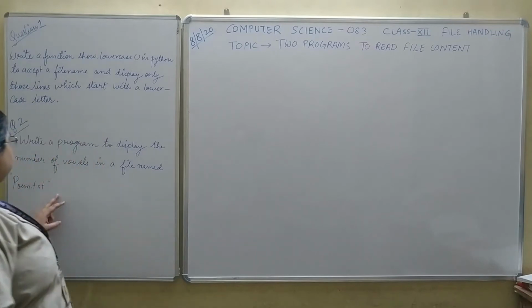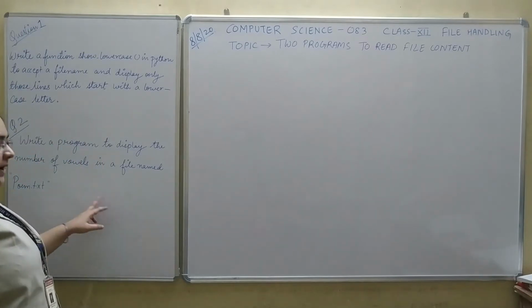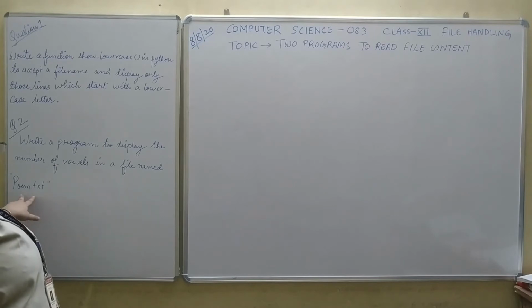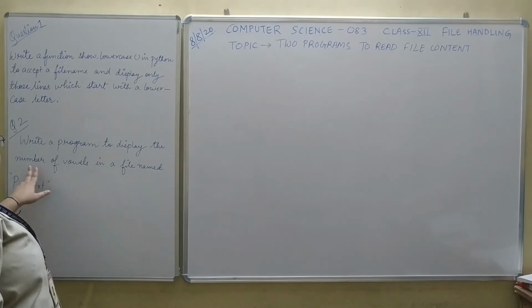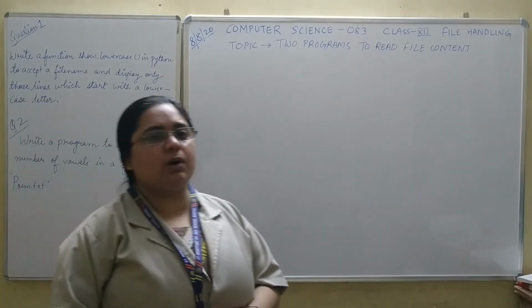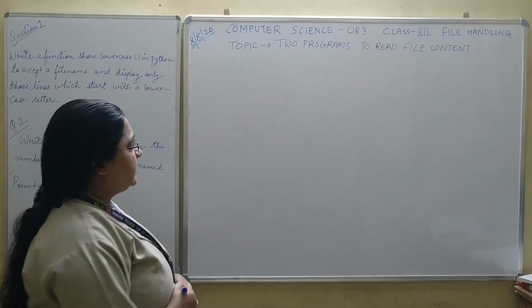So we'll start from question number 2, and the file which we are going to use is the usual one, that is poem.txt. What we need to do is we have to display the number of vowels, that is we have to count the number of vowels within the file.